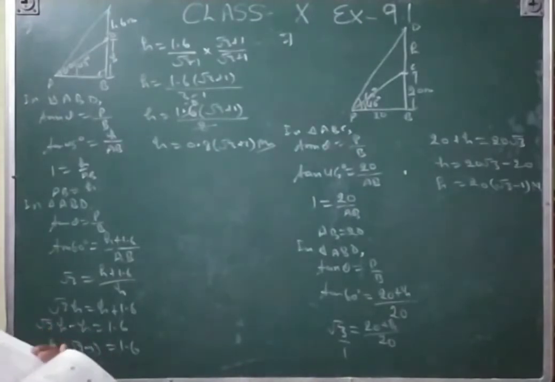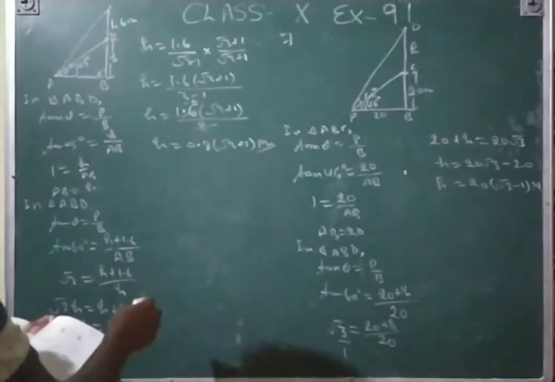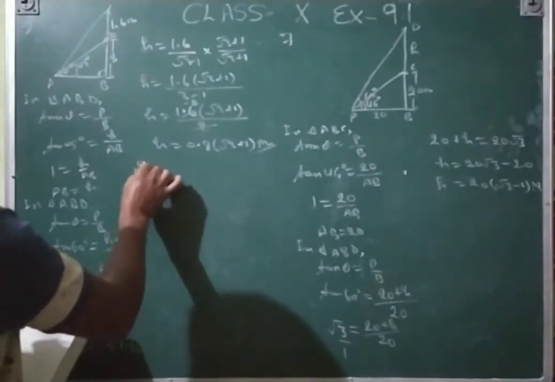Ninth question. The angle of elevation of the top of the building from the foot of the tower is 30 degrees.